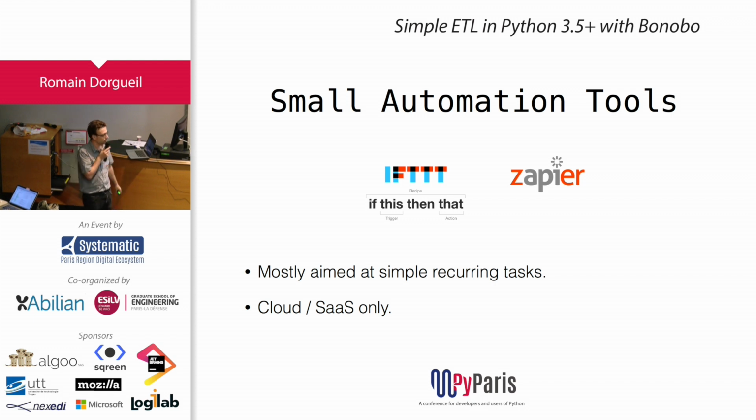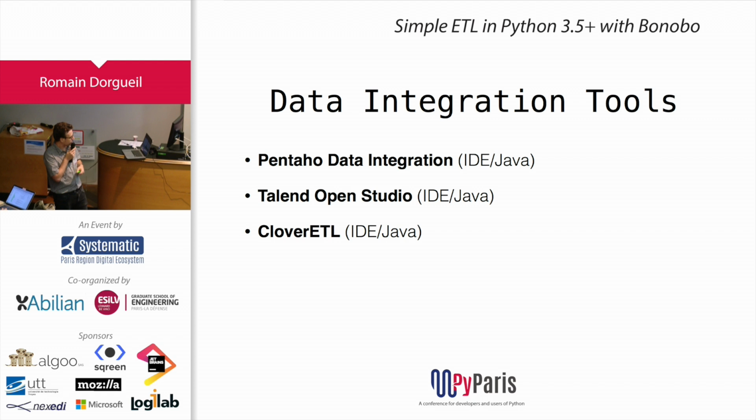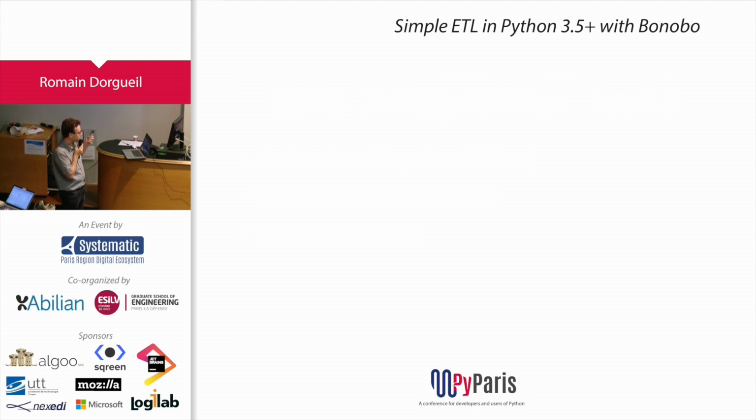Not that you should do that, but you can do that. If you want to send an email every time someone fills a form, an online form, and maybe add it to, I don't know, a spreadsheet, you can use Zapier. It's the best tool to do that, but it's cloud only, and it's only aimed at really small tasks.